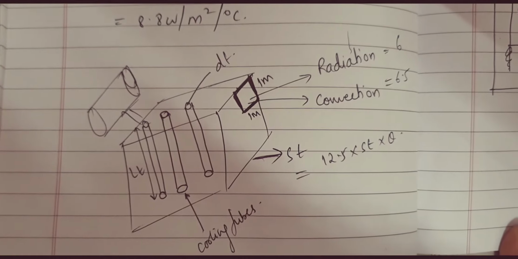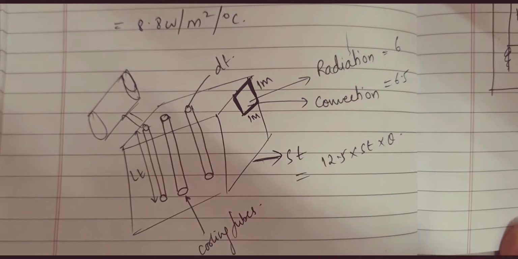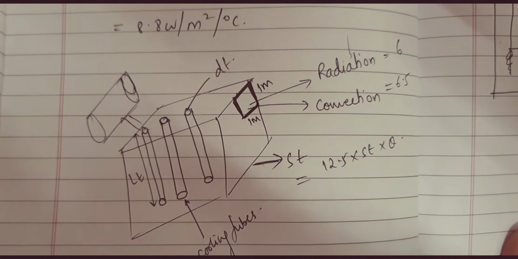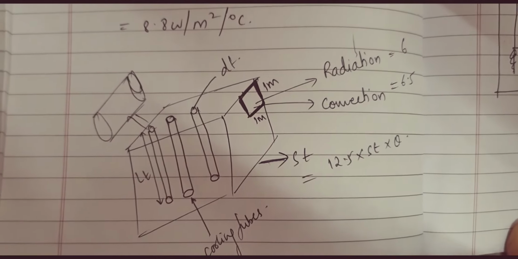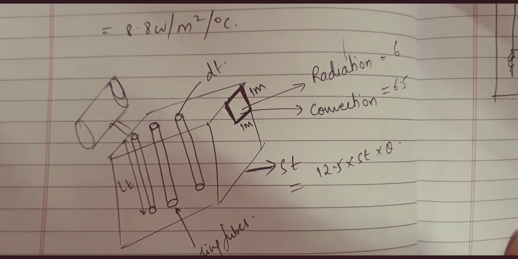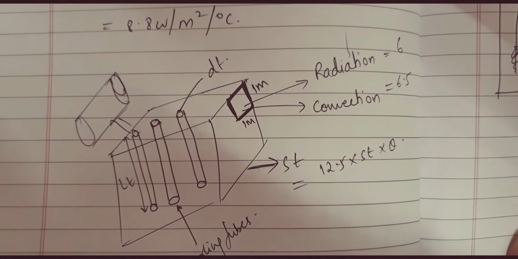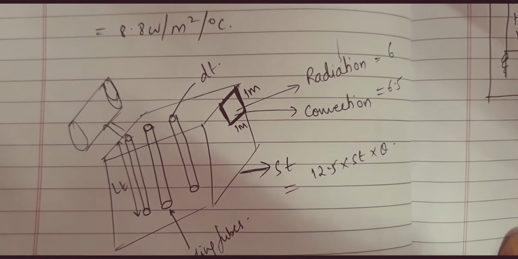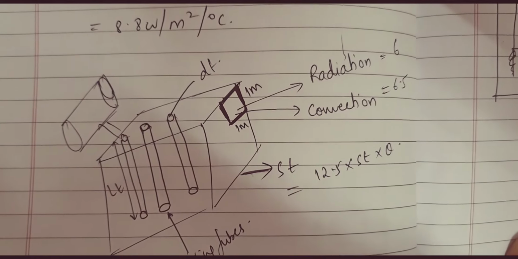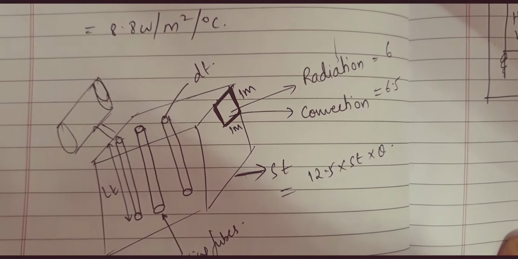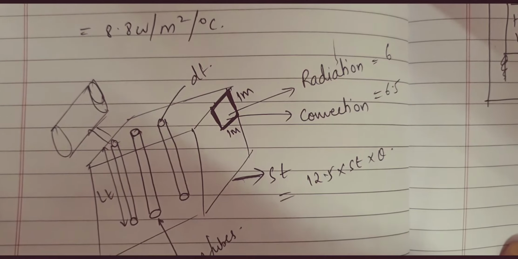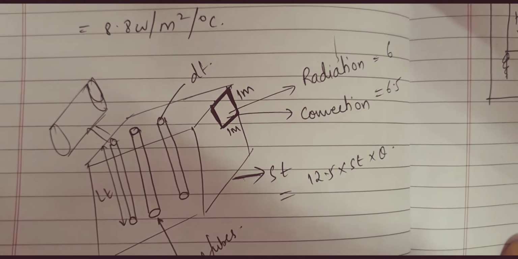Whenever the transformer is heated up, whenever it is gaining temperature, it will dissipate heat from its body to the surrounding by two ways: one is radiation and another is convection. So by radiation it is going to emit 6 watts per meter square per degree centigrade rise in temperature. Similarly, by convection it is going to dissipate 6.5 watt per meter square per degree Celsius rise in temperature.